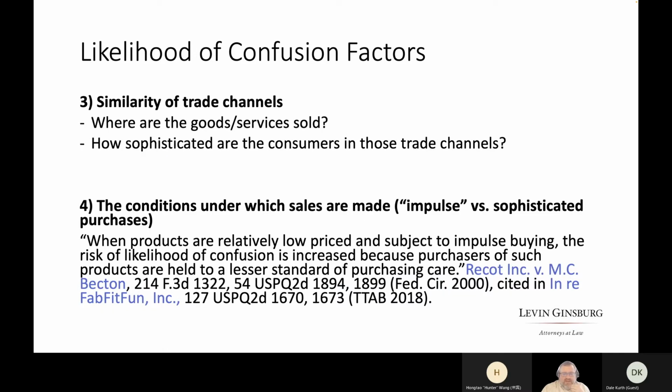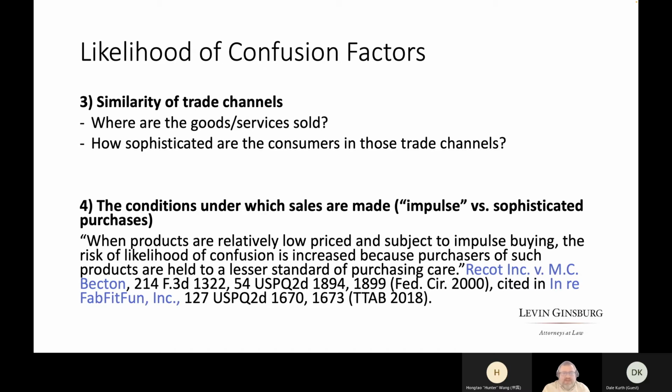Next, you look at the similarity of trade channels. Where are the goods sold? What sort of marketplace? And then how sophisticated are the consumers in those trade channels? Another factor you look at is the conditions under which sales are made. Is it an impulse buy? Is it like a low-cost item that you just see quickly and snatch off the shelf?